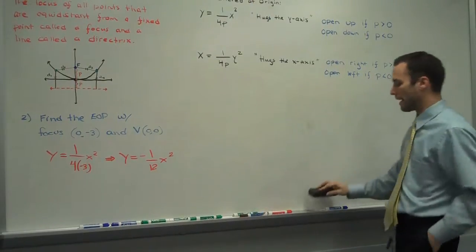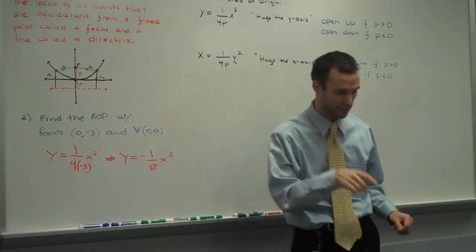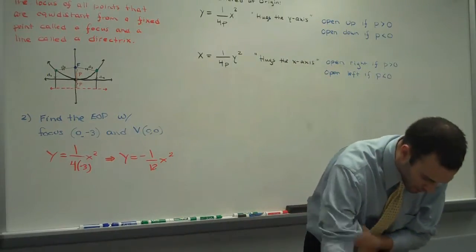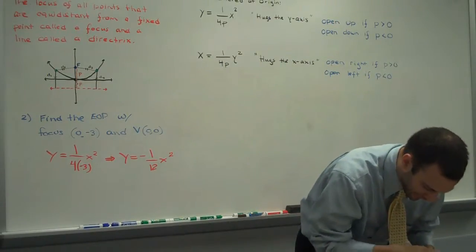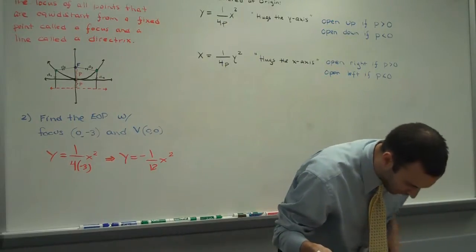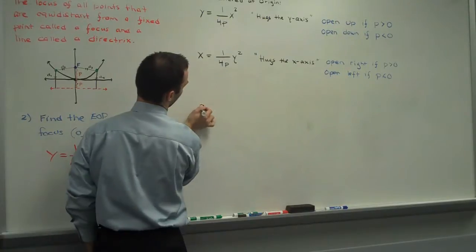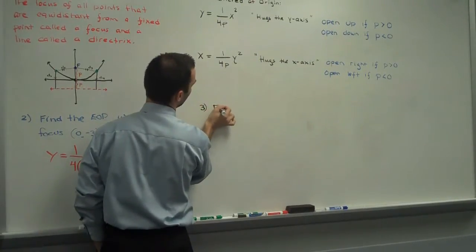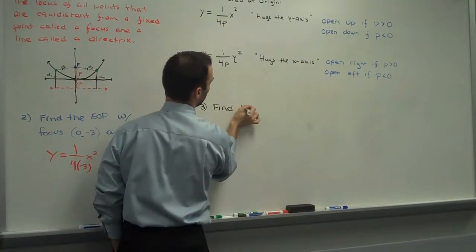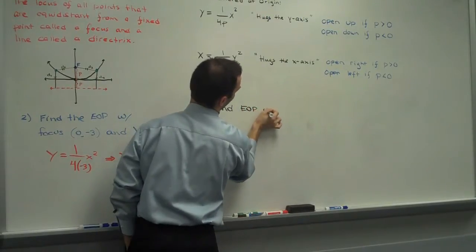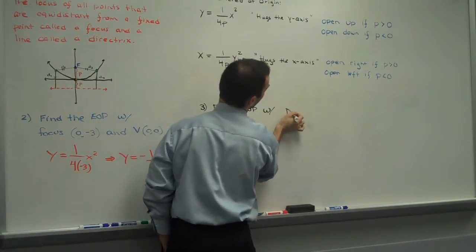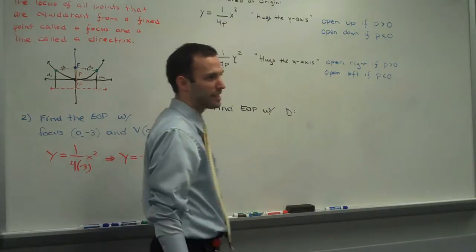Why don't I put one up and have you guys do it, and then I'll pass out your homework. All right, let's now find an equation of a parabola, careful, with a directrix.